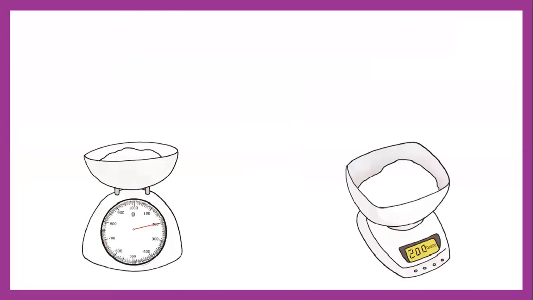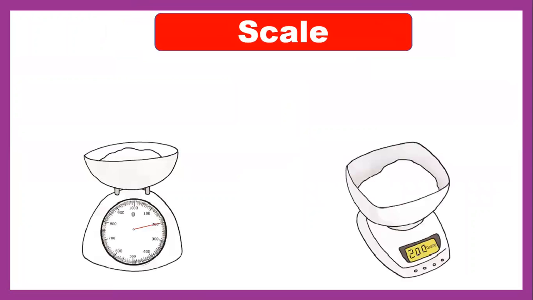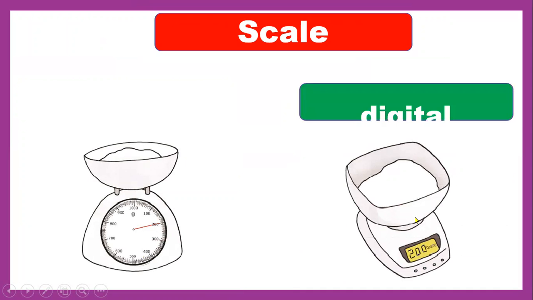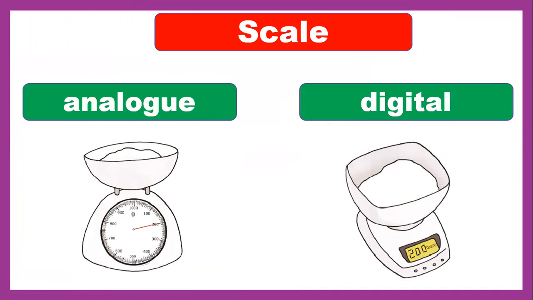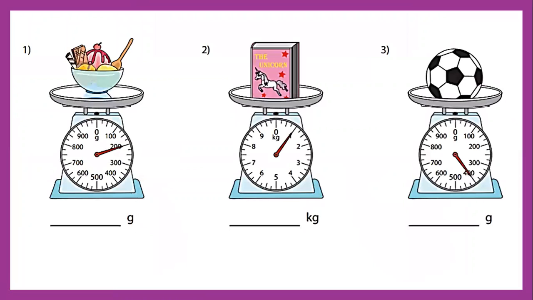Next, now look at both scales. The first one is the analog, and the second one is the digital scale. So you have to read and memorize the words analog and digital.